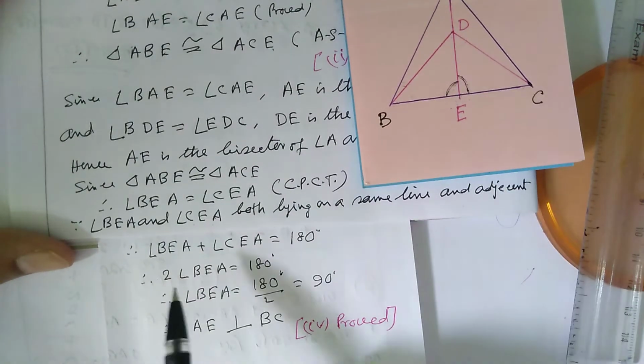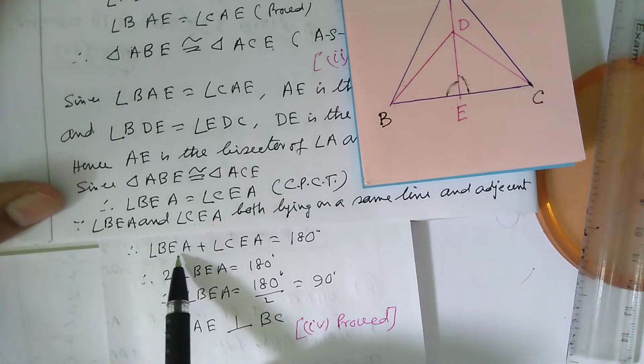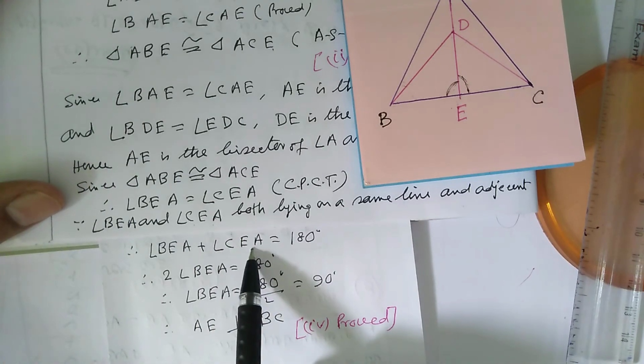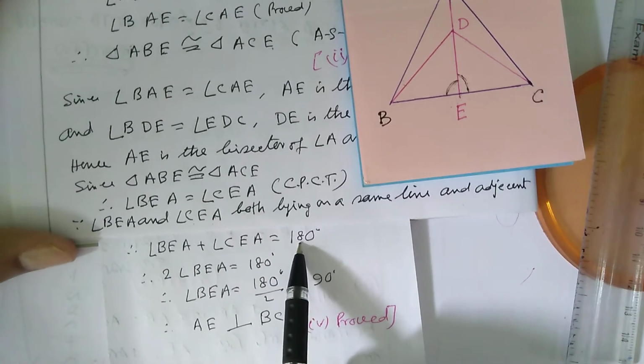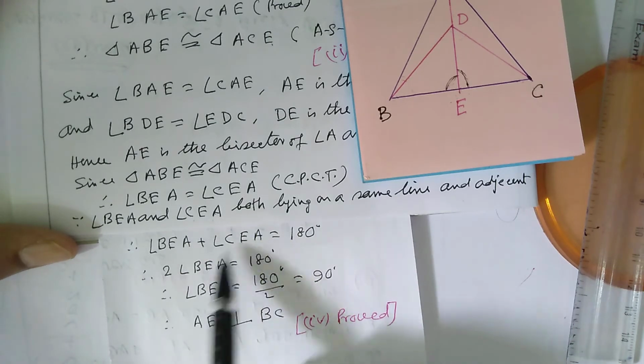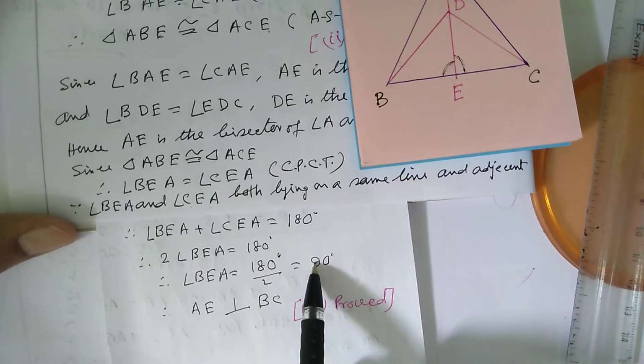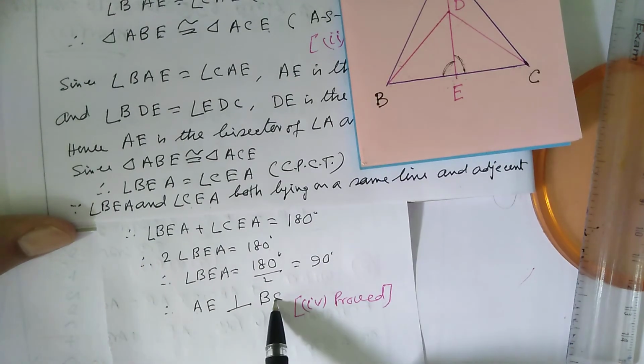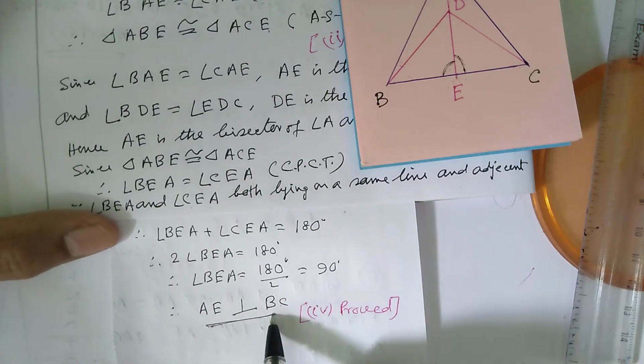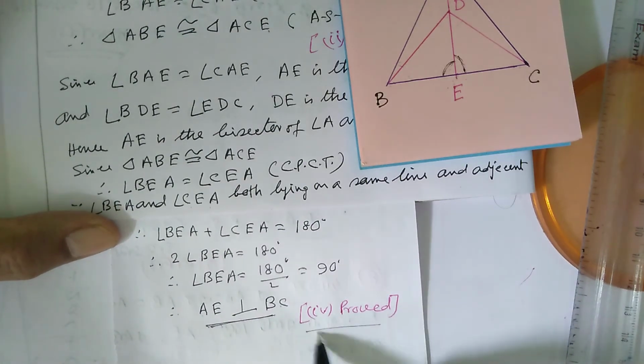Hence angle BEA plus CEA equals 180 degree. Since both are same, we can write 2 BEA equals 180 degree. Hence BEA equals 180 by 2 equals 90 degree. That is AE perpendicular to BC. Hence fourth is proved.